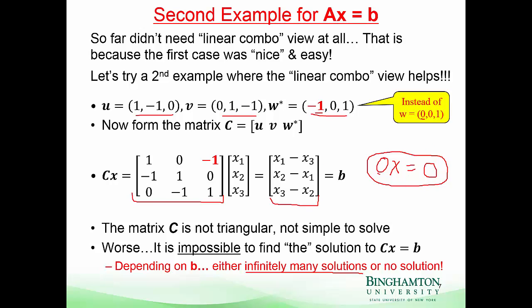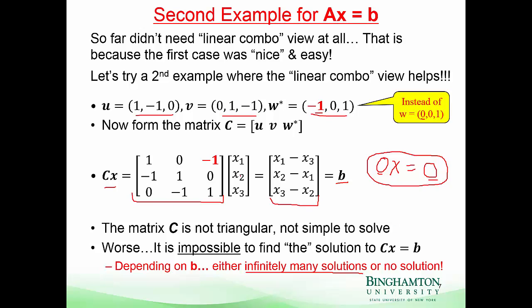We have to have a 0 here and we have to have a 0 here in order to get many solutions. But when we go to Cx is equal to B for some special matrix C that's kind of got a 0-ish characteristic to it, and we'll see what we really mean by zero-ish characteristic to it.